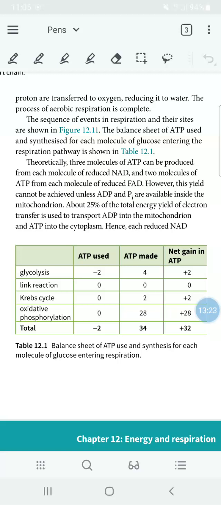Link reaction, there are no ATPs being produced. Krebs cycle, 2 ATPs are made. Then oxidative phosphorylation, 28 ATPs are made. So altogether, 34 ATPs are made and 2 are used in glycolysis. So the net gain in ATP is 32.